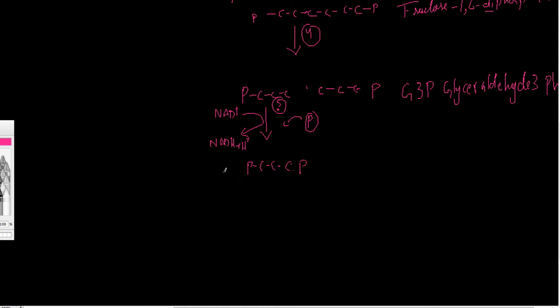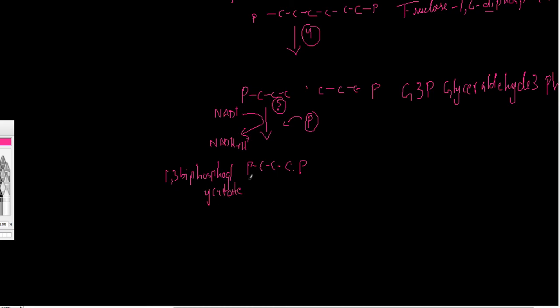So now we have 1,3-bisphosphoglycerate. So you don't need to really remember these names, but it's really fun to say these names, so that's why I keep on saying them. 1,3-bisphosphoglycerate.